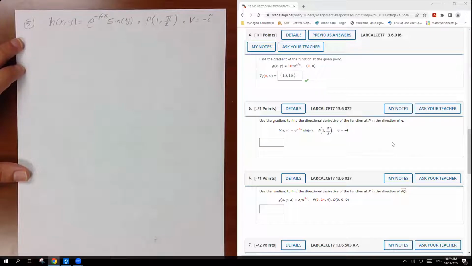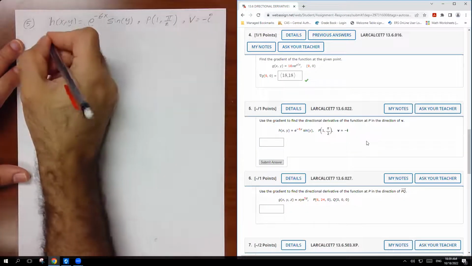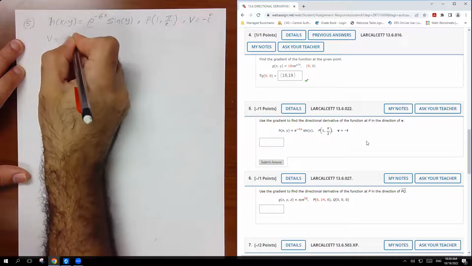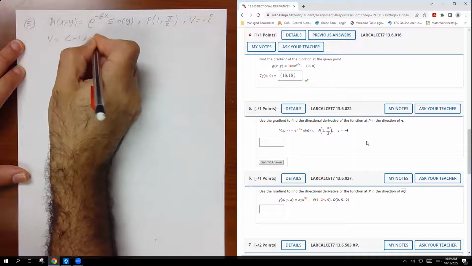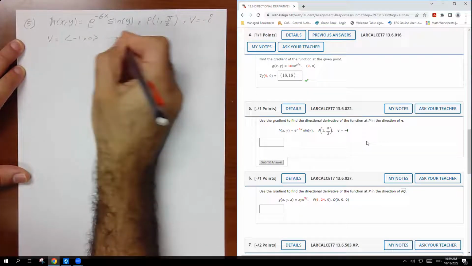Example 5. Use the gradients to find the directional derivative of the function at p in the direction of v. The first thing in this example is to check the vector v, which equals (-1, 0).